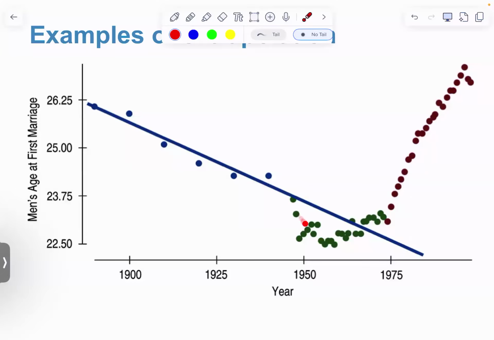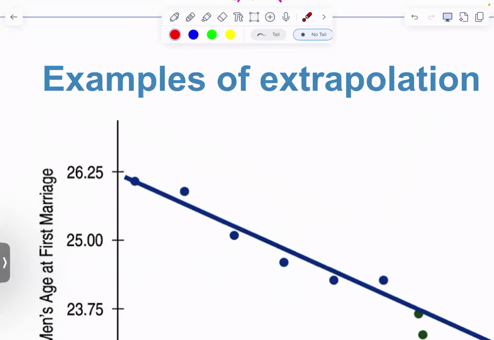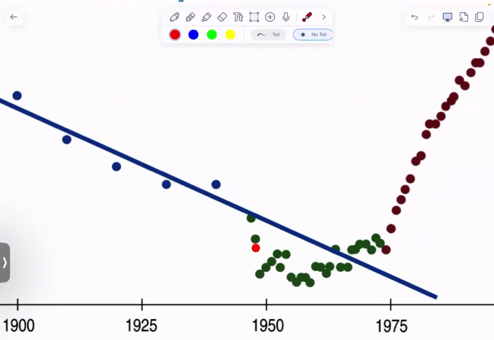If you only focus on the blue dots, that's a beautiful linear relationship. It's a strong negative linear relationship. So for this stretch of years, there's no reason not to use this line. It's a good model. The problem is that sometimes we don't anticipate a change like this.